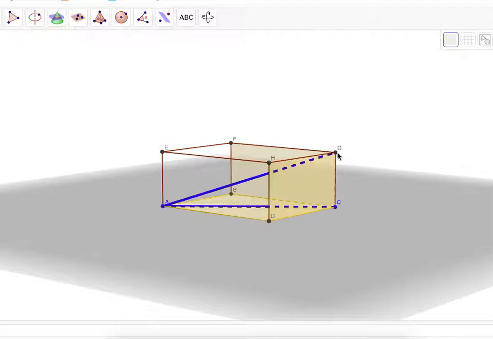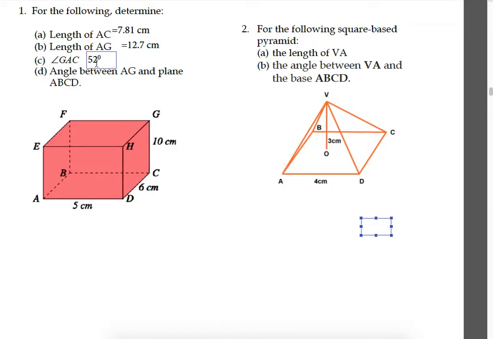The shadow of AG, its projection on the base, will be the segment AC, right? So the angle between AG and the base will be the angle between AG and AC, which is angle GAC, which we already figured out before. So it will be the same answer, 52 degrees. Okay, I hope this makes sense. So good luck there.